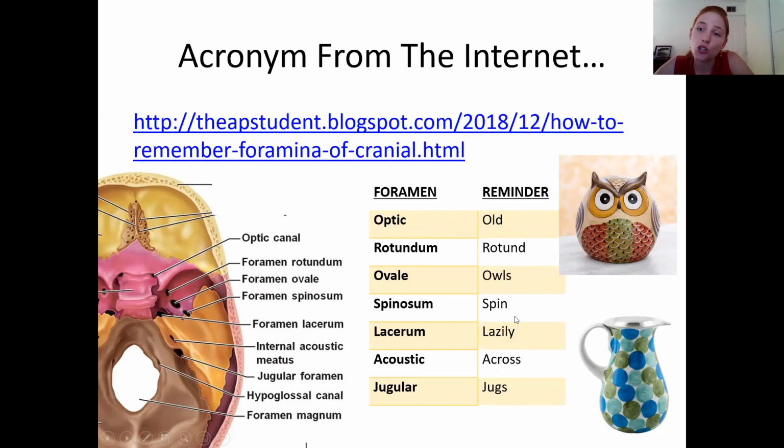Now, one thing I like about this sort of mnemonic device is that it does use parts of the names, and that helps you figure out where you are. For example, rotund, that's the big fat owl. Spin, like spinosum. We have jug, starting jugular. So this is a pretty good mnemonic device.